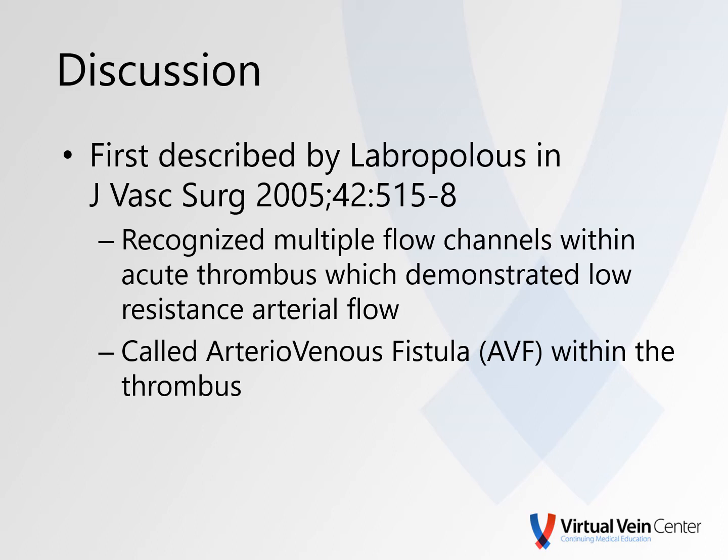The flow pattern was very low resistance, and hence they called this an arteriovenous fistula within the thrombus. Now, this is probably not accurate, and they did admit that the exact etiology and natural history of that phenomenon, or its clinical significance, was really unclear at that time.